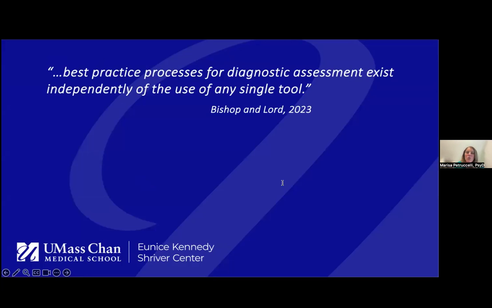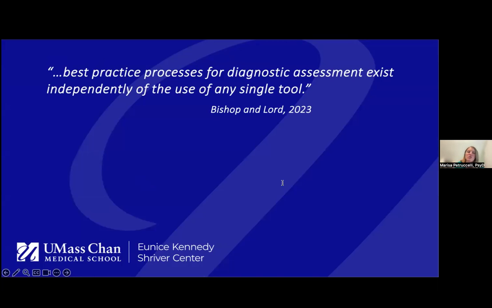One note here that I want to mention, we're not going to get into the diagnostic process today, but one thing to understand is that it is a process. The best practice process for diagnostic assessment is really independent of any particular or single tool.